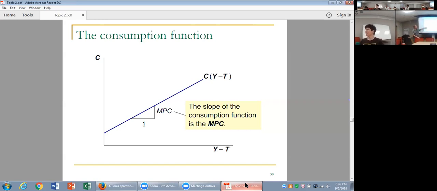So this is starting out at a non-zero number because this function is my autonomous consumption, meaning, again, the basic amount I need to survive, and then increasing at a constant rate. Now that's a big assumption. That's not true, generally speaking. We know that's not true because certainly people that are earning very little income aren't going to spend 80%, especially in some professions, where you're incredibly worried about where your next paycheck is coming from.